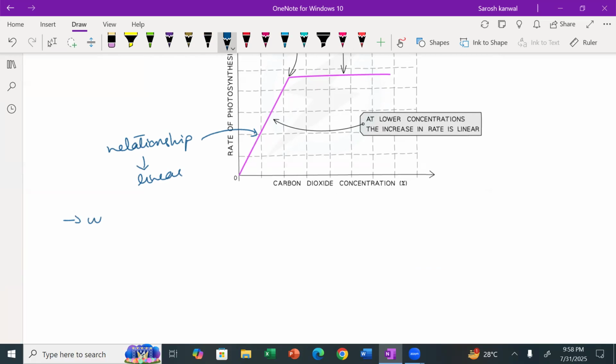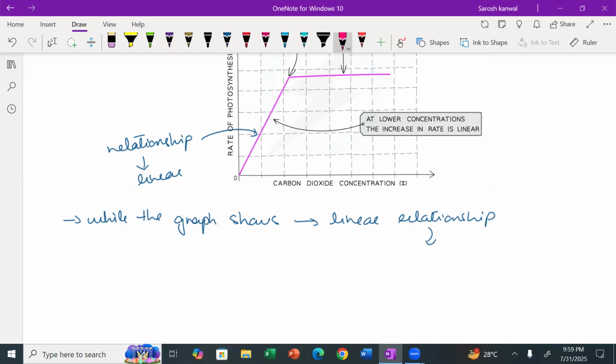While the graph was showing a linear relationship, till then carbon dioxide is a limiting factor.